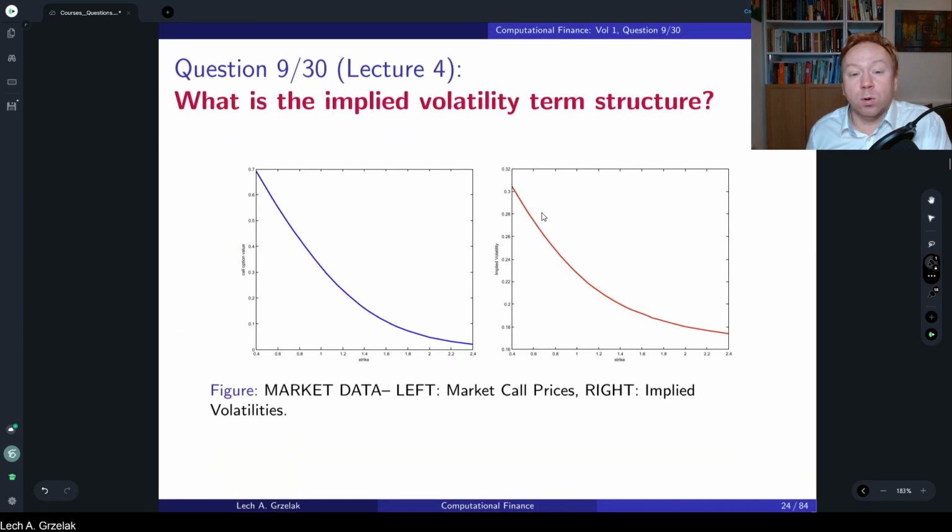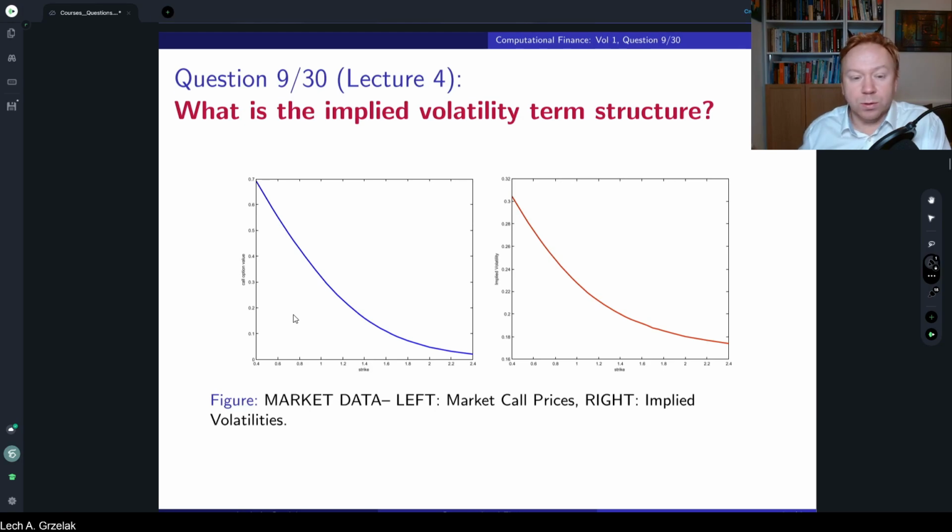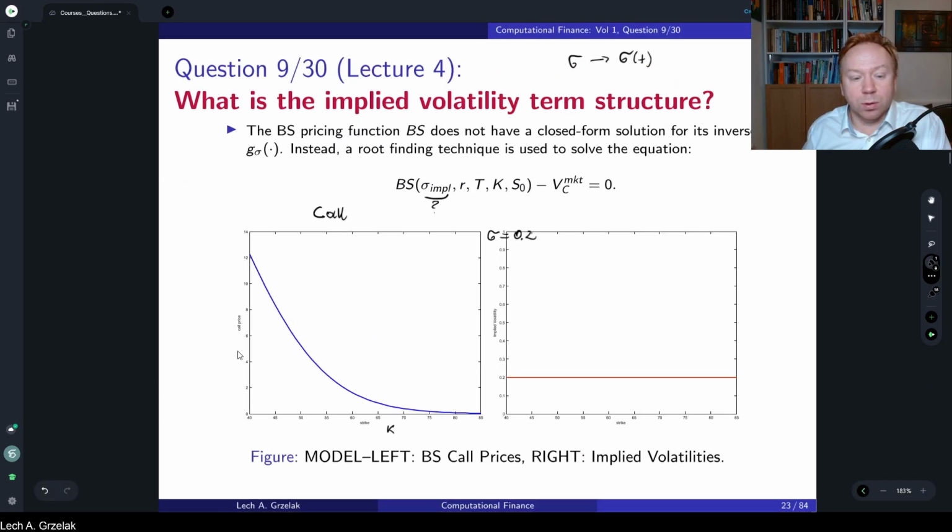On the other hand, if we look at the market, we see also prices of call options going down towards 0 for increasing strikes. However, implied volatility is behaving completely differently. So the first important message here is that if we compare option prices from the market versus option prices from the model, it is very difficult to judge based on option prices whether there is an implied volatility smile or skew.